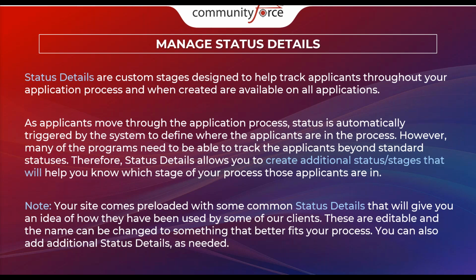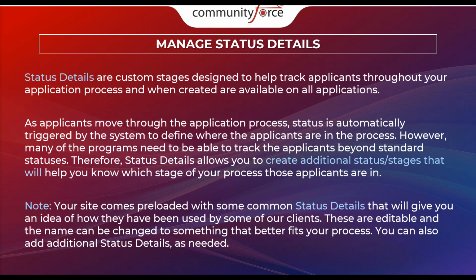However, status details allows you to create statuses based on your processes so that when they're in between a status, you can tag them with a specific status detail so you know where they are in your process. For instance, maybe you have more than one review process and you need to know were they accepted in round one or declined in round one.